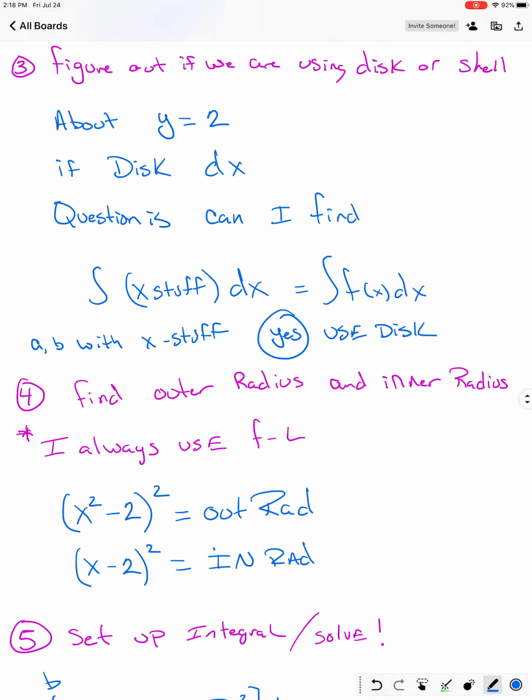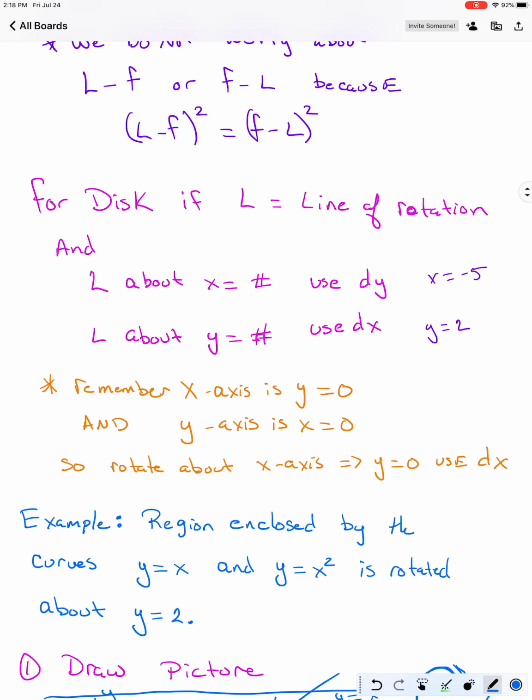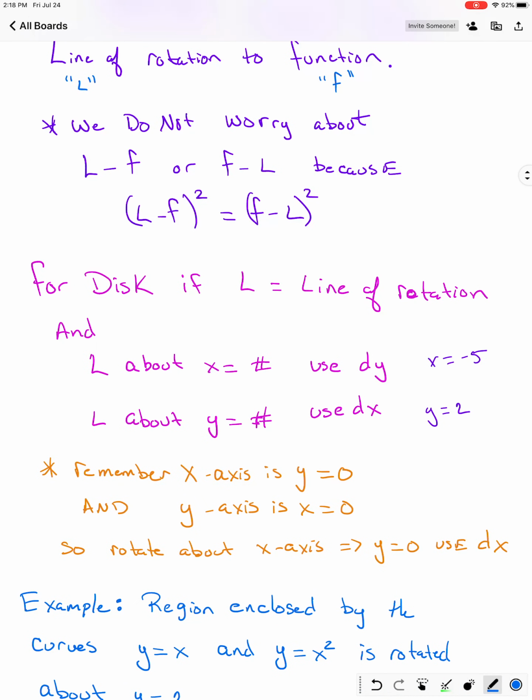Okay, so hopefully this video will help you. The biggest key to get from this, I think, is that it doesn't matter if we do f minus L or L minus F, because we're going to square it. Again, I always do the function first, so it's easier for me to find what the outside and the inside are. So I do f minus L, then I square it.